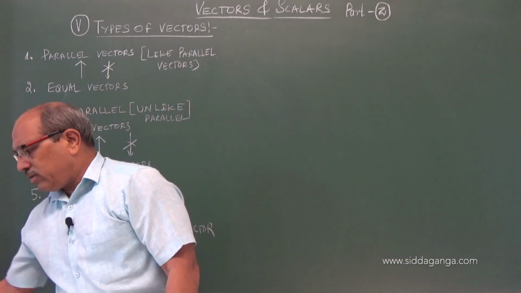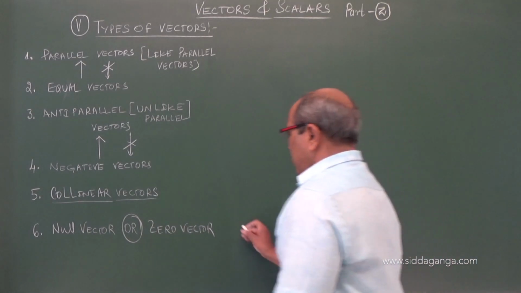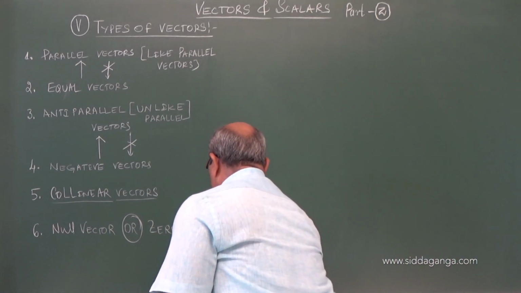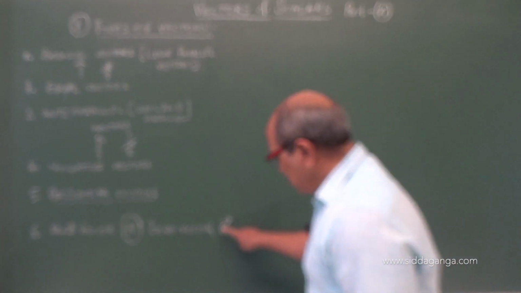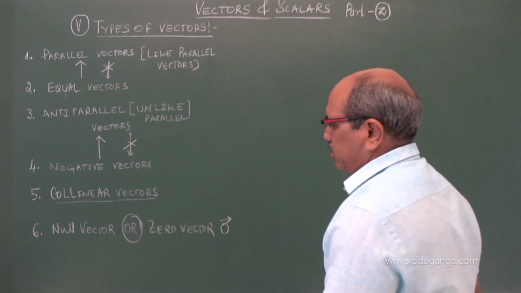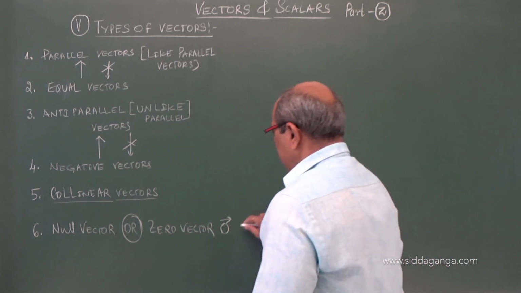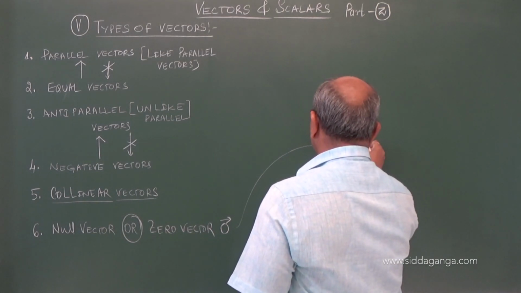So this is a special case. When we see here null or zero vector, usually we represent it with a symbol like this. On the letter O, above the letter O, we put an arrow mark, which implies it is a vector of 0 magnitude.